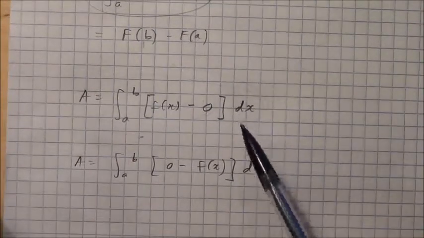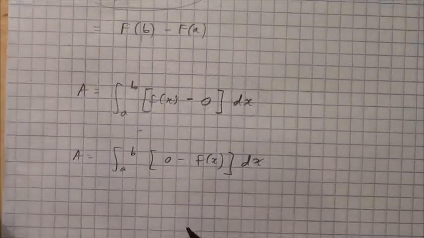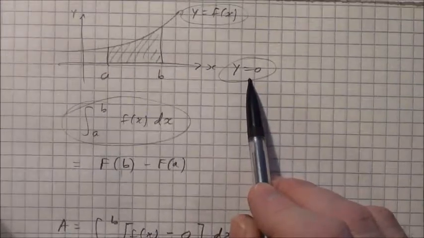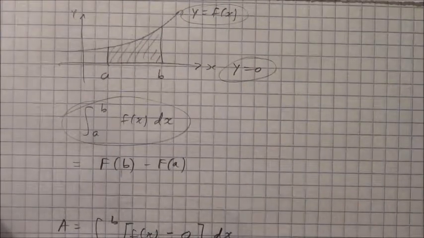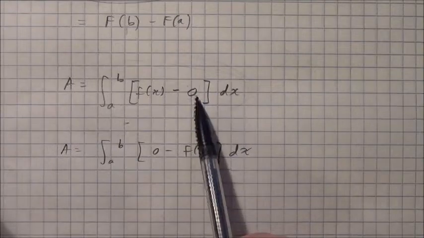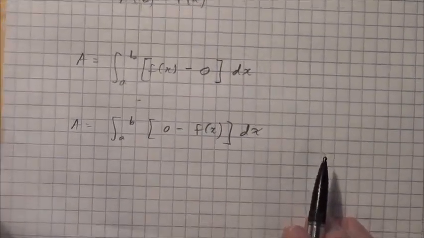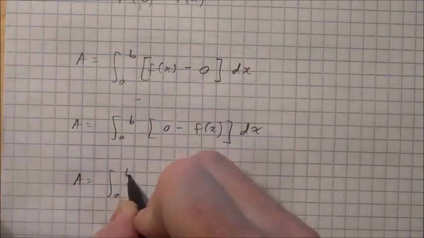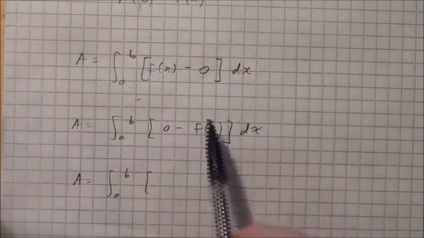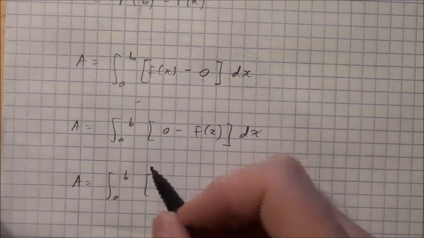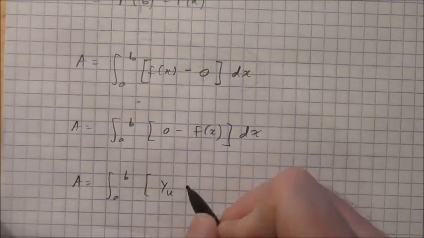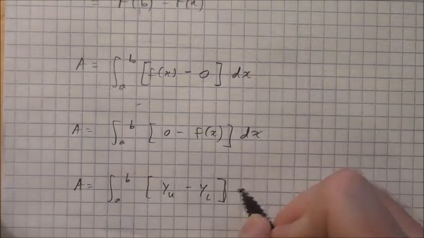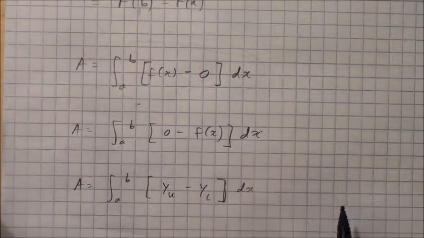Now, if the function is a little bit more complicated than just y equals 0, we're still going to do the same thing. We're still going to subtract the functions, but whatever function is on top, we're going to subtract as we have been doing. So we're going to find the upper function minus the lower function. Same sort of idea.